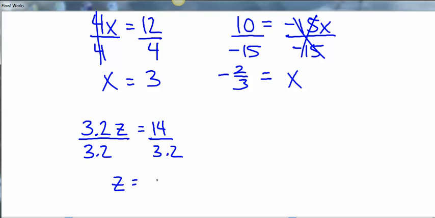No, what's 14 divided by 3.2? It's got to be more than that, doesn't it? Because 3 goes into 12 4 times, so it's got to be somewhere. Sarah? 4.375. Good.